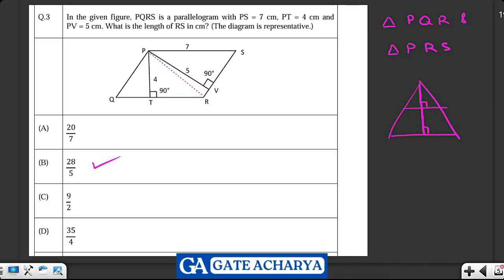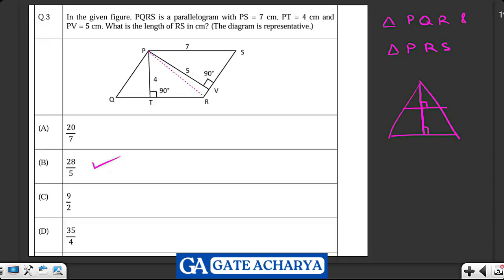Understood, Shiva Subramanian, what I'm trying to say here, why similarity with height is not allowed? Other similarities are allowed. Clear? I hope you understood that.